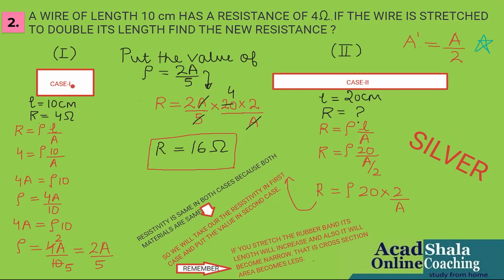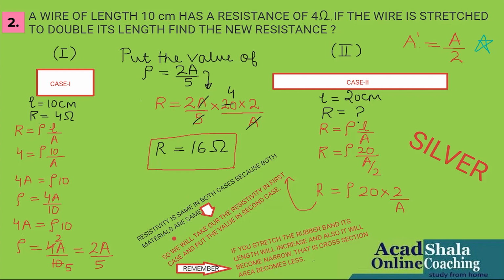Now, since the resistivity is same in both the cases, I will take out the resistivity in the first case, and then put that value of resistivity in the second case. Am I clear, children? Now I will solve it in the first case.